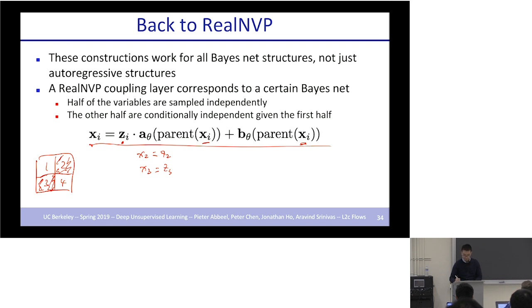So x2 and x3 don't depend on anything; in a Bayes net structure, they are free hanging. And x1 is a linear function parameterized by a function that takes in x2 and x3, plus another function.